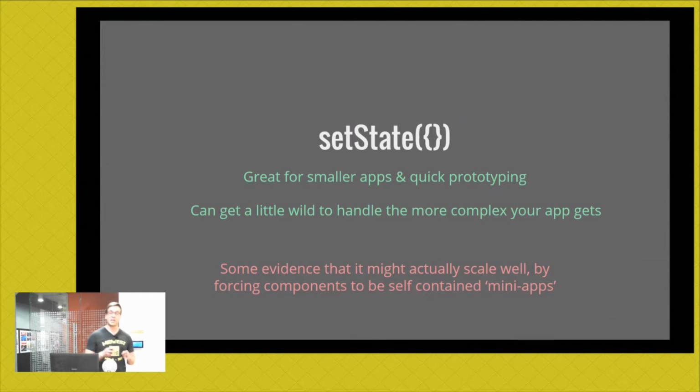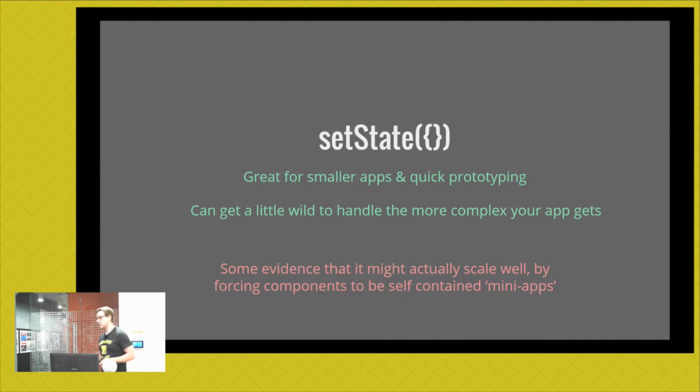However, that being said, it can get pretty wild and hairy once your app gets more complex. That's because if you end up having 2 components in your UI, and when you change state in one component it needs to affect a state in another component somewhere else, you end up having to send that state all the way up to its nearest common parent so it can travel all the way back down to that other component.